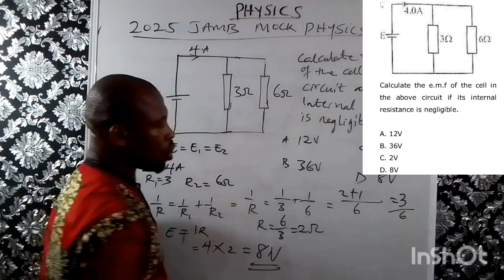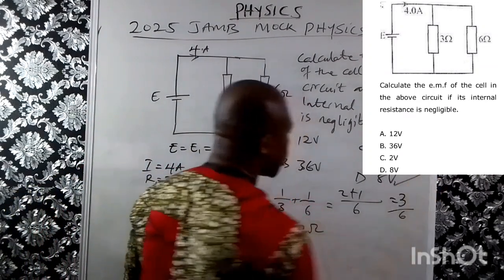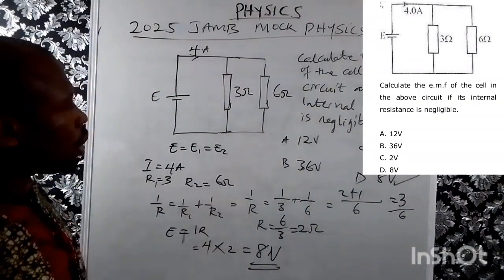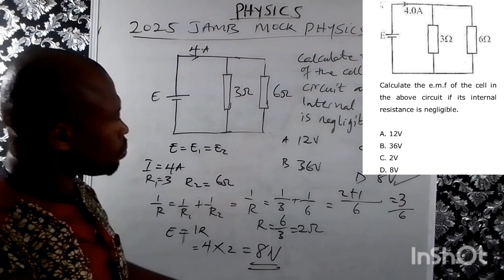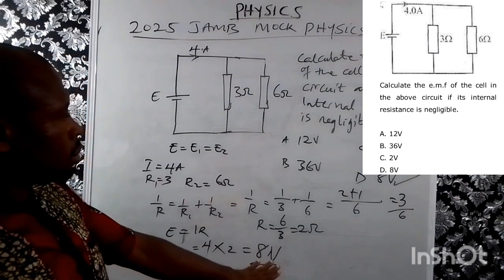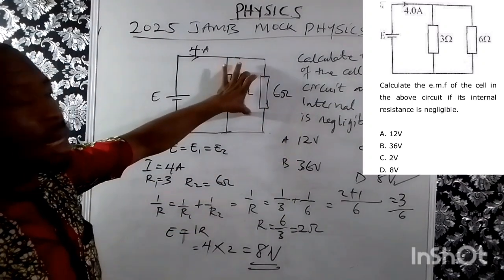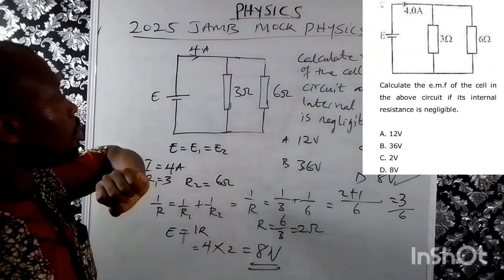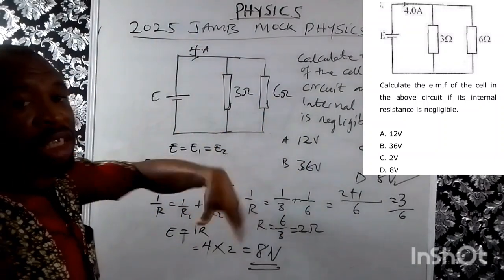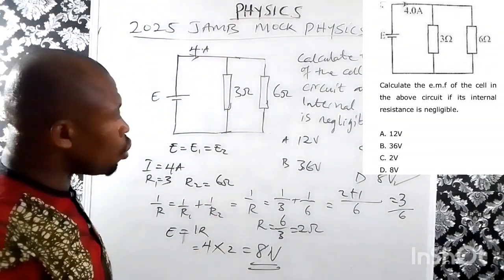Of course, the correct answer here is D, because this is a parallel circuit. Resolve this, multiply by this, and it will give us all we need.